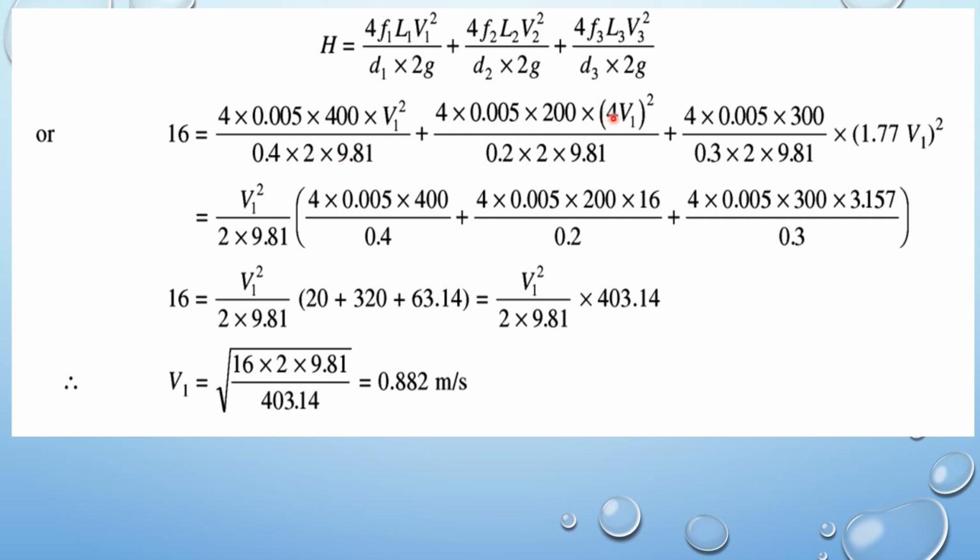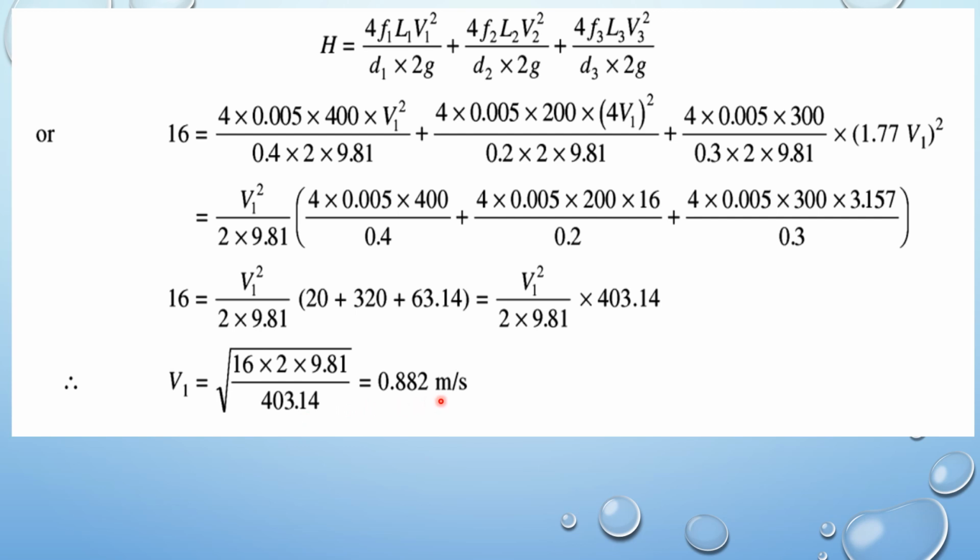Similarly substituting the values for the other two pipes also, wherein the only difference is V2 we will substitute as 4V1 square, which we just obtained, and V3 we will substitute as 1.77 V1 square. So simplifying these equations, we will finally get the value of V1 as 0.882 meter per second.